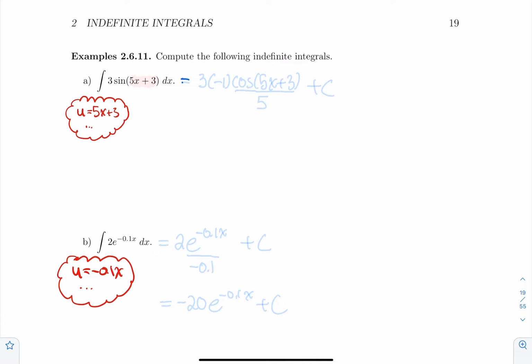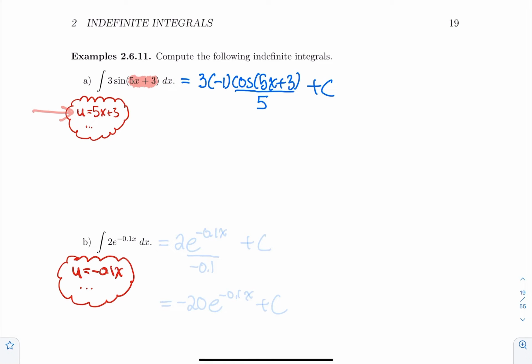Since the integral of sine is minus cosine, you're going to get 3 times minus cos of 5x plus 3 over, you just need to divide by the slope here, so over 5 plus c, and that's it, that's all. If you know the trick, you can apply the trick, but don't worry if you don't. Just to make sure that it's clear, the inside function 5x plus 3 is linear, so you can also do it using a u substitution and do it the long way. But here, I'm just using the trick.